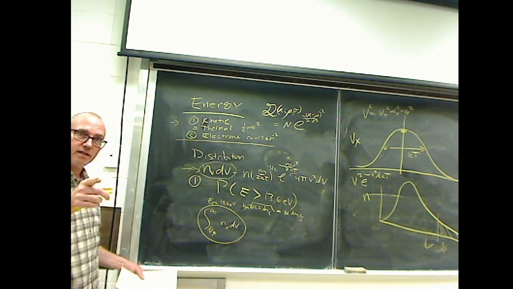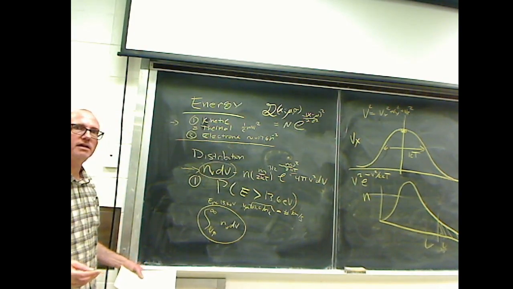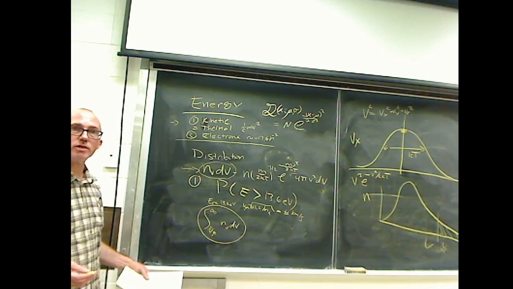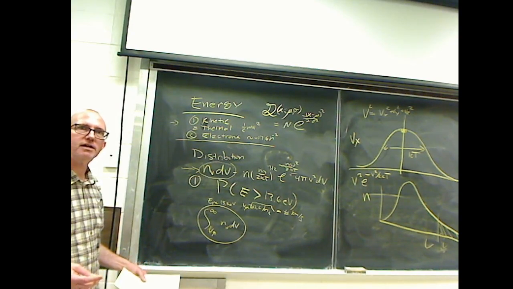Yeah. Why does the range go to infinity if we only have one specific velocity that we're looking for? Because higher velocities work too. Wouldn't the higher velocities create more ionized hydrogen?